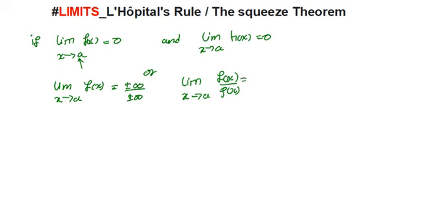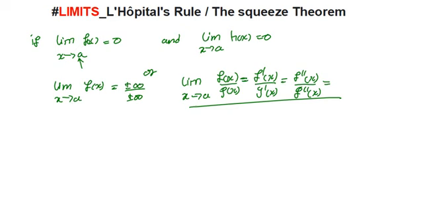To work this out, we need to find the derivative of both functions, f prime of x as well as g prime of x. If we still get an indeterminate form, go ahead and find the second derivative, f double prime of x, and also the second derivative of g of x. If it still fails, you just keep on going and going. This is what L'Hopital's rule is all about.